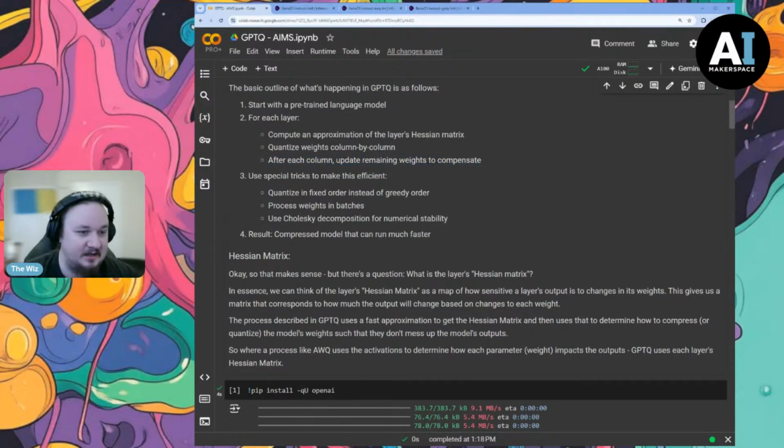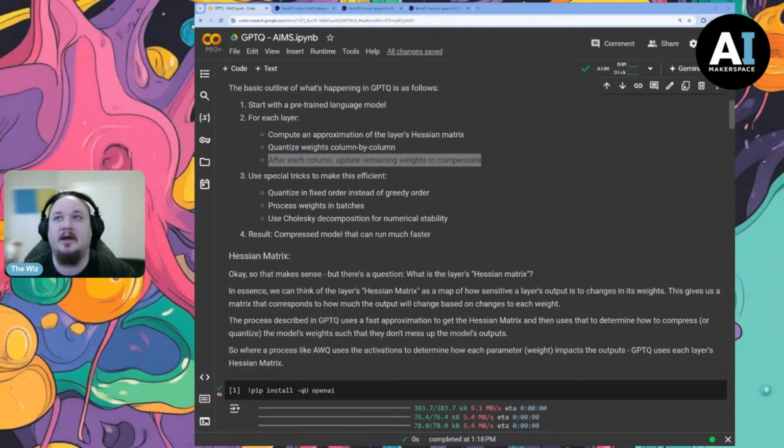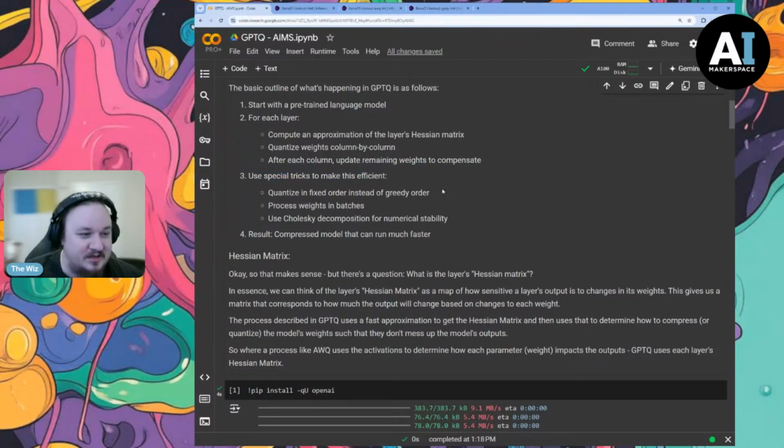This is kind of the big idea. Whenever we do our quantization, we have some error, and so we need to update the remaining weights in order to reduce that error. And we just keep doing that iteratively, over and over again. The special tricks we use are that we can quantize in a fixed order instead of a greedy order.